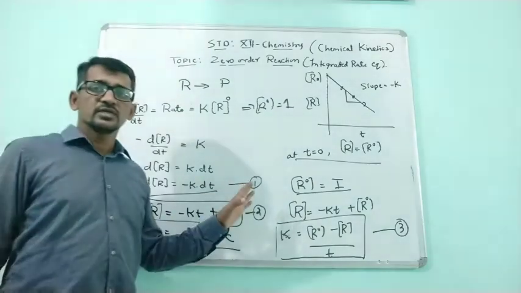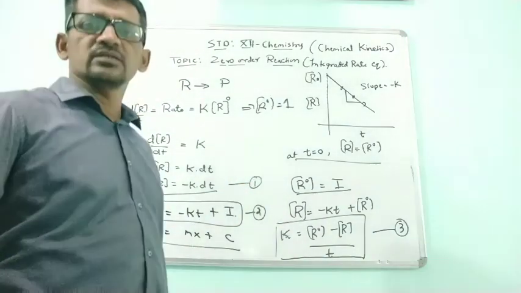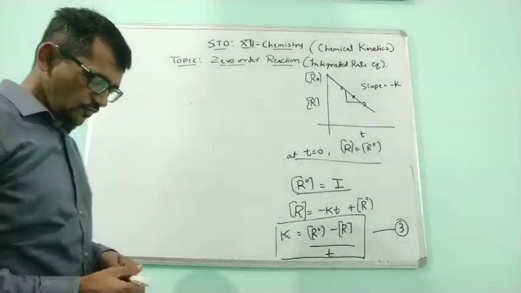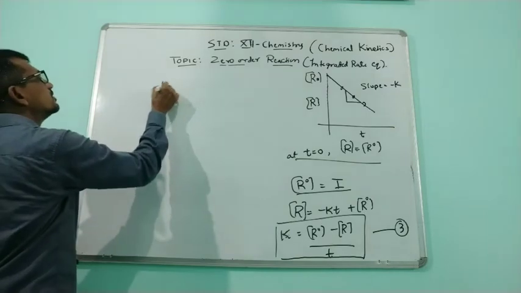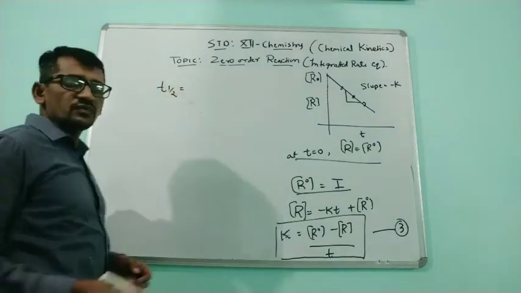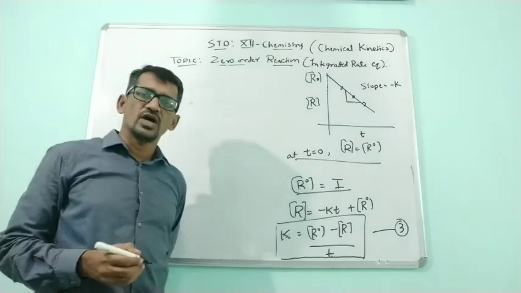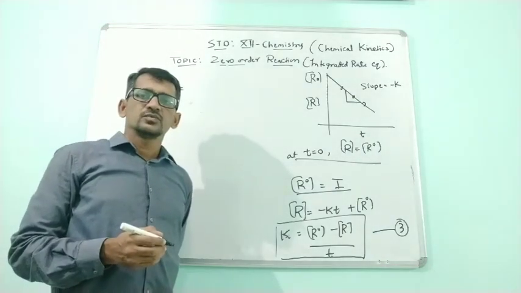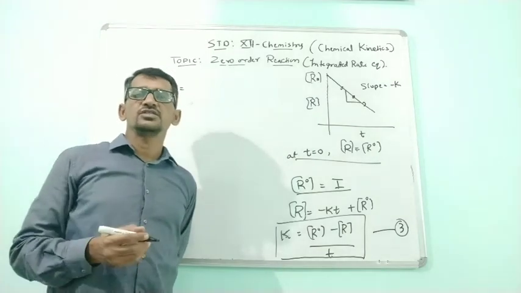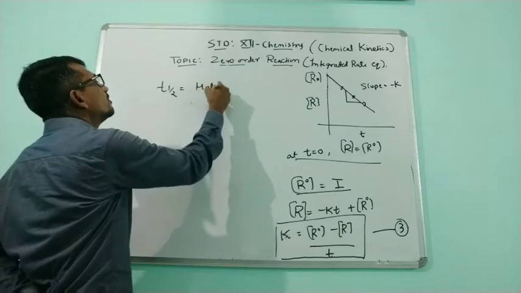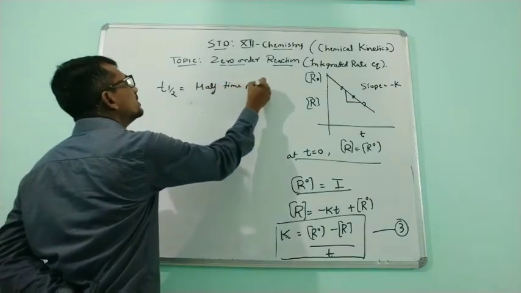Now we derive t half for this reaction, the t half for a zero order reaction. t half is the time required for the reactant to become half of its initial concentration. That is known as the half time period.